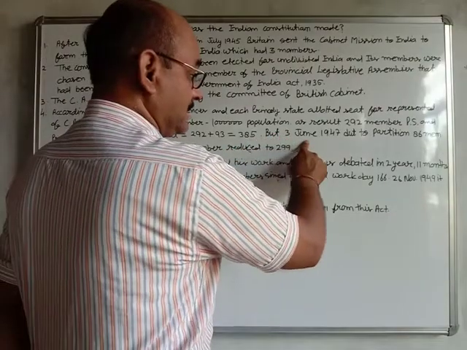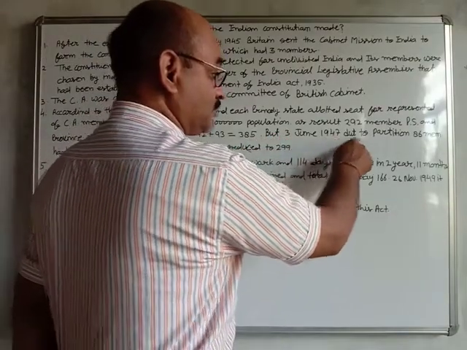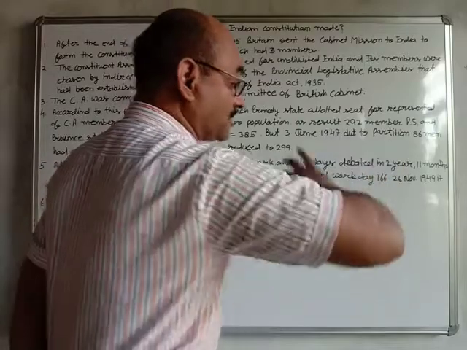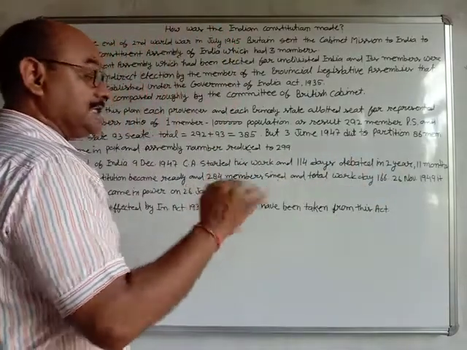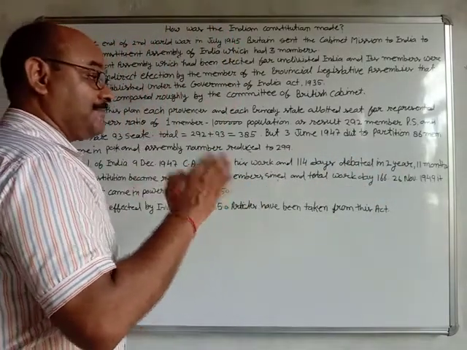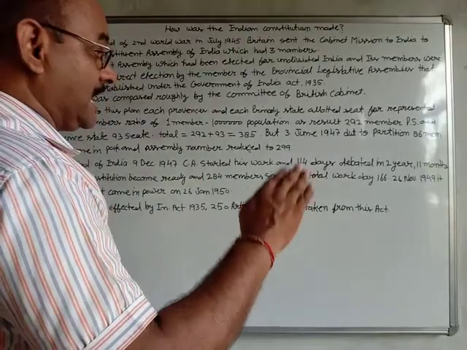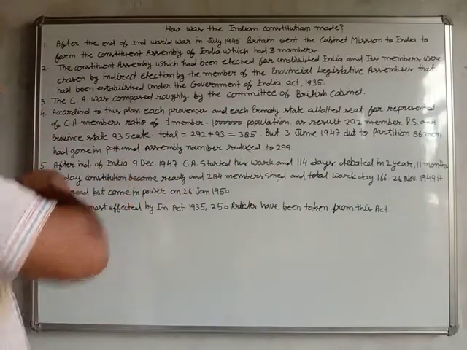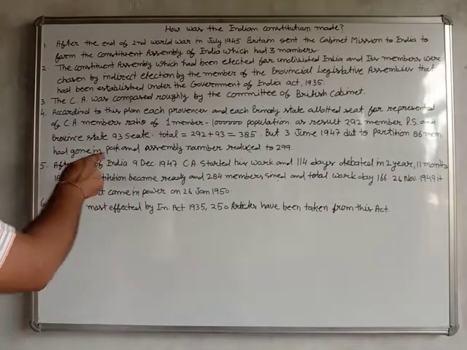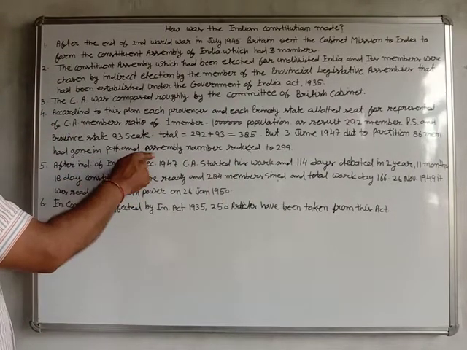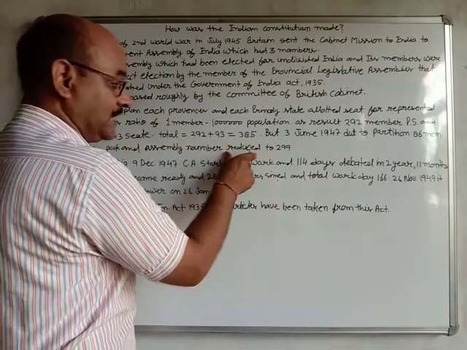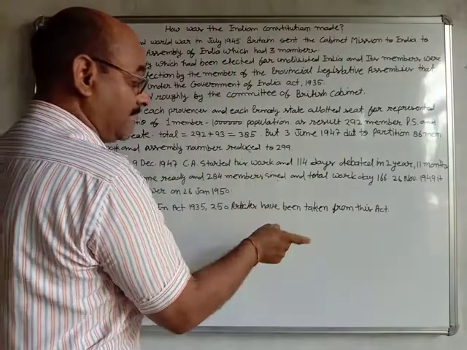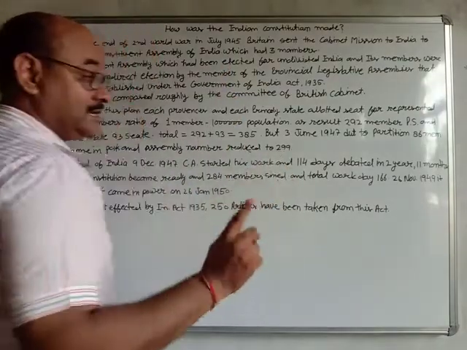On 3 June 1947, due to the partition process, the separation of India into India and Pakistan, 86 members of this Constituent Assembly went to Pakistan, and the assembly members reduced, and the membership remained 299.